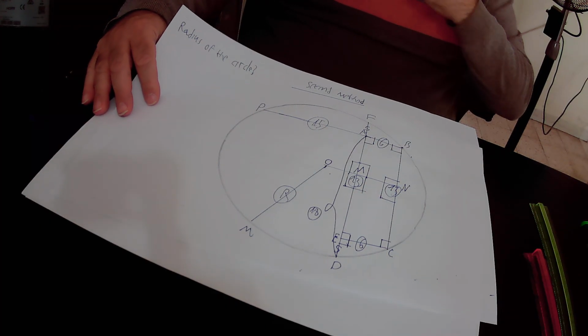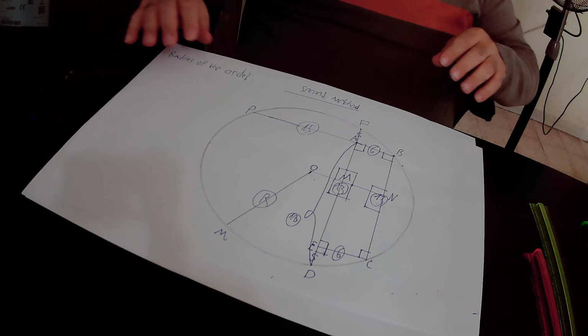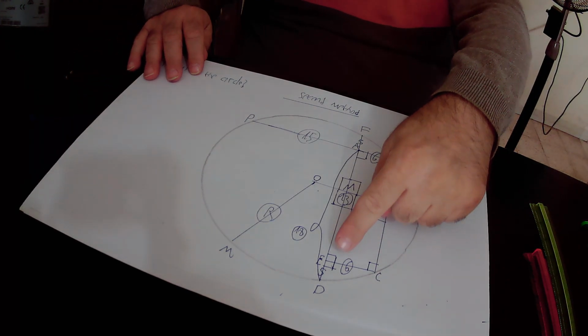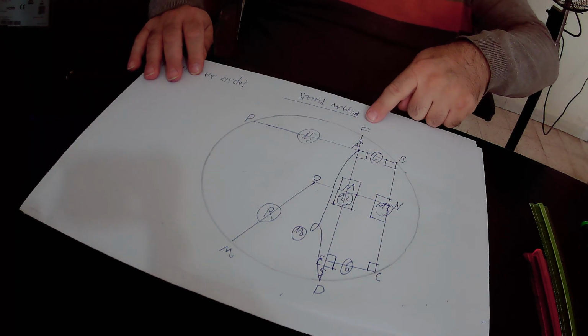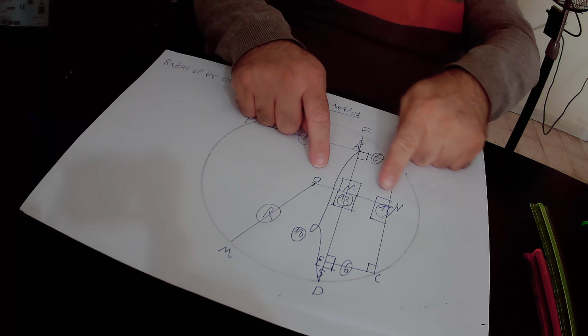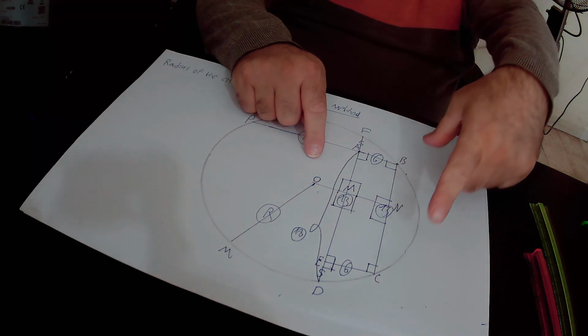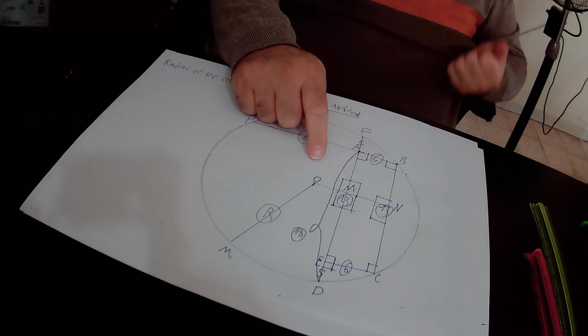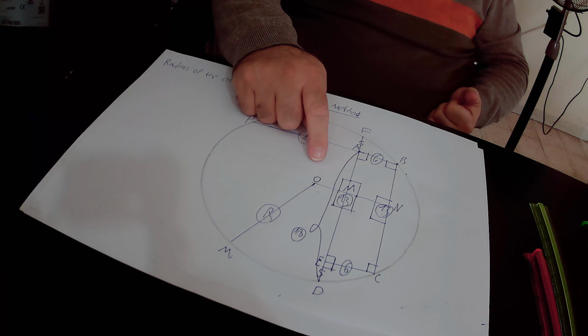In the next step, we extended line segment DA until it touches the circle at point F. ON is perpendicular to chord CB. ON is a perpendicular that is absolutely a straight line.